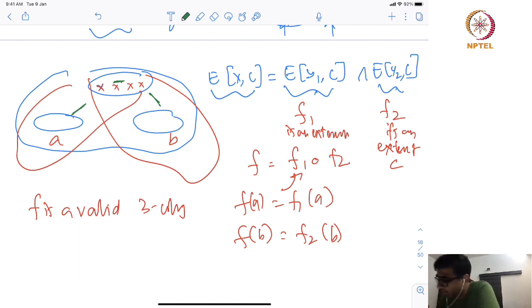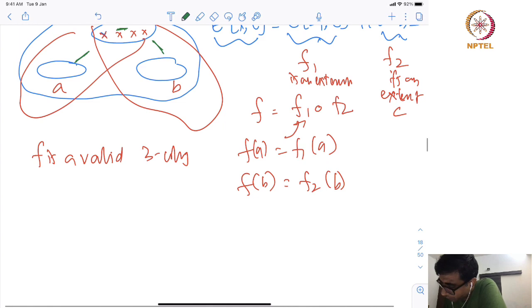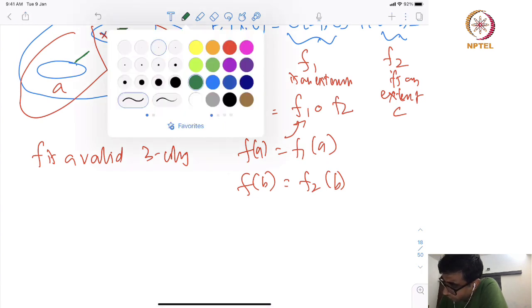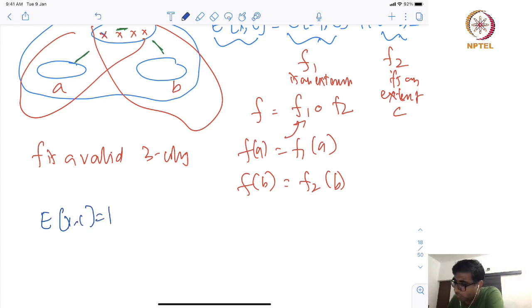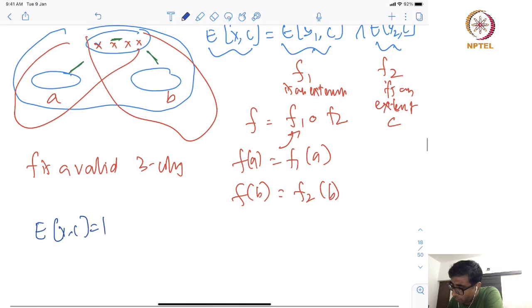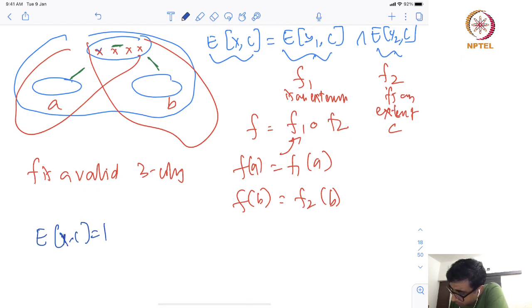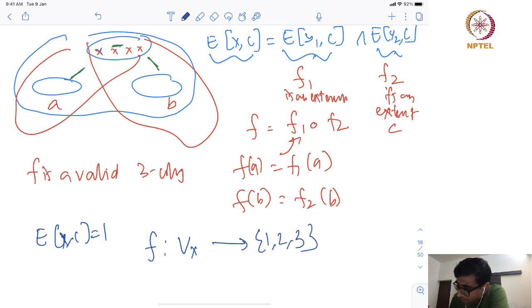Okay. Now let's see what happens. Suppose E_X of C is 1. Look at a coloring. This being 1 means there exists a coloring F from V_x to {1, 2, 3} which is a valid coloring.